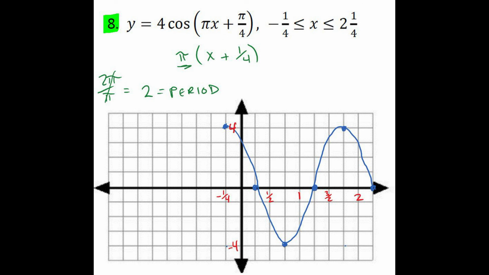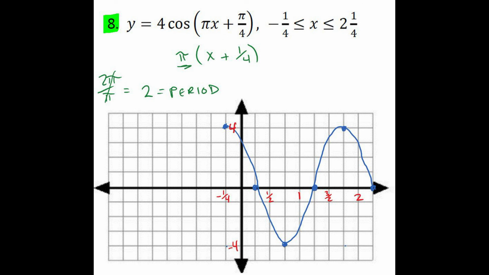Okay, so now I need to figure out, there's going to be a horizontal shift, and I don't know what that is until I factor out that pi. And then that pi that I'm factoring out is going to be my k value, which will lead me to a new period. So I factor out the pi. The pi is the k, so I divide 2 pi by that pi. So 2 pi divided by pi, pi's cancel off, you get a period of 2.